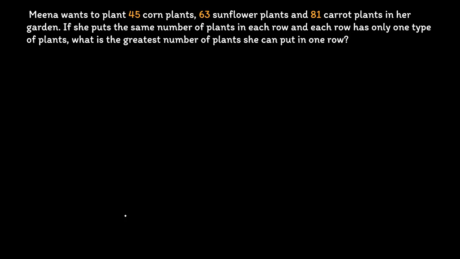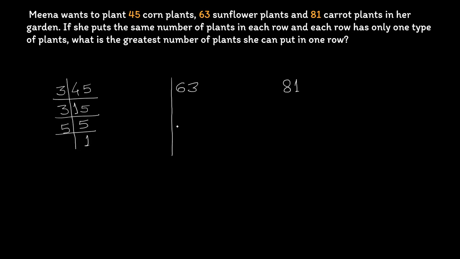So to find HCF of the numbers, first we consider all the numbers involved here. There are 45, 63 and 81. Now let's find their factors. Factors of 45: we can divide 45 by 3. 3 1s are 3, 3 5s are 15, and 5 1s are 5.